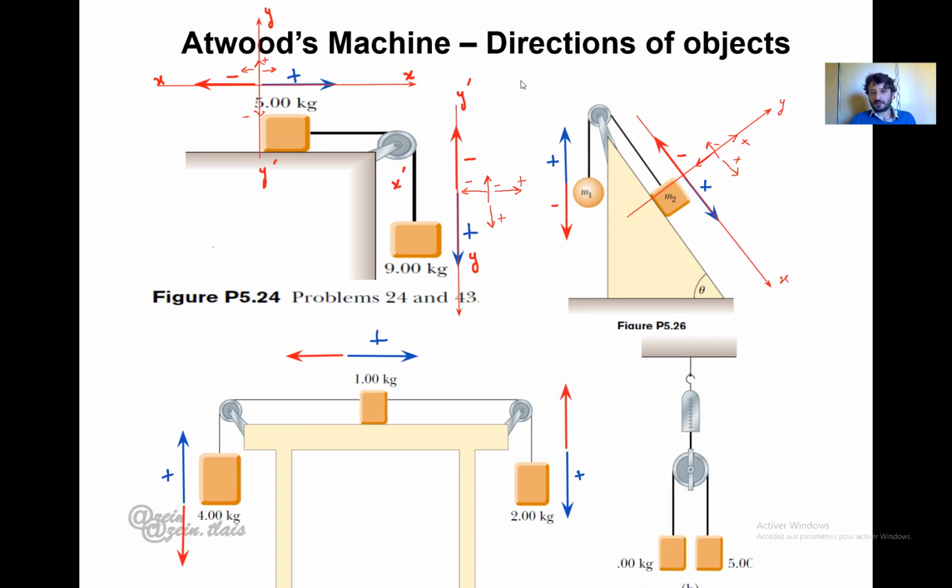Okay, we can write like this. For each one we can do X and Y as before. Here we have X and Y, X and Y, X and Y. And it's important to say up is positive, down is negative, right is positive, left is negative.